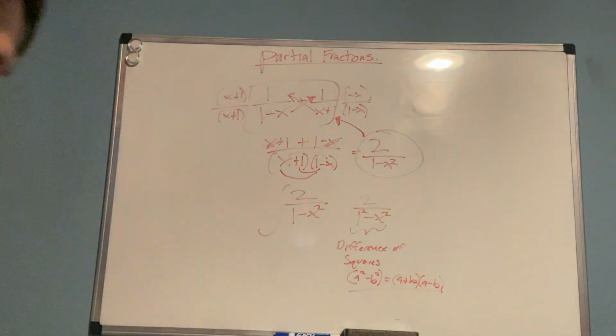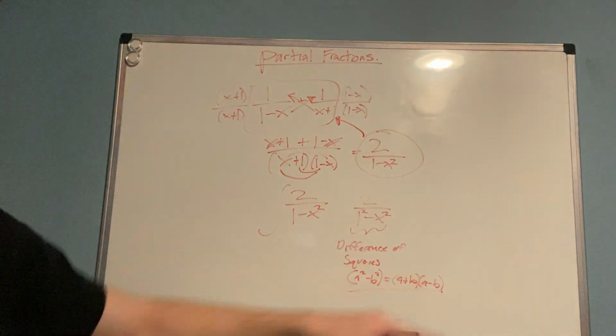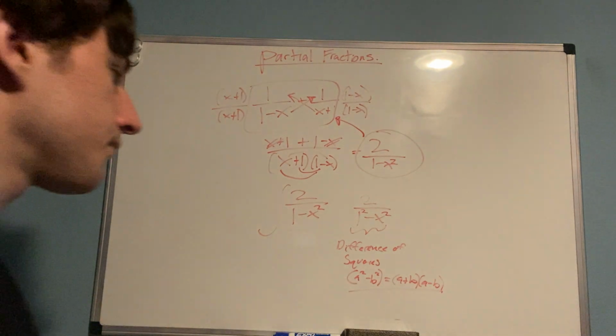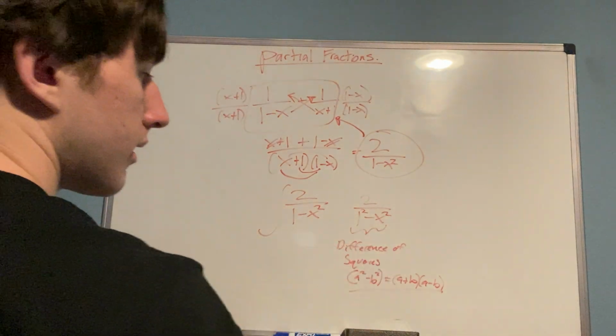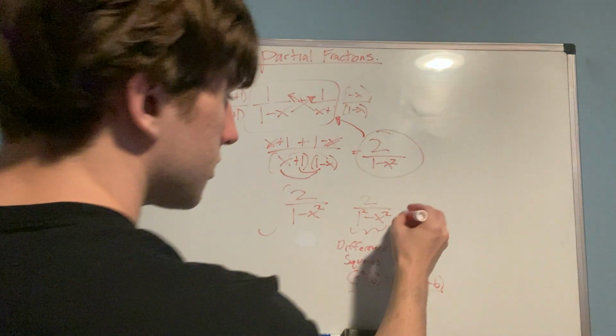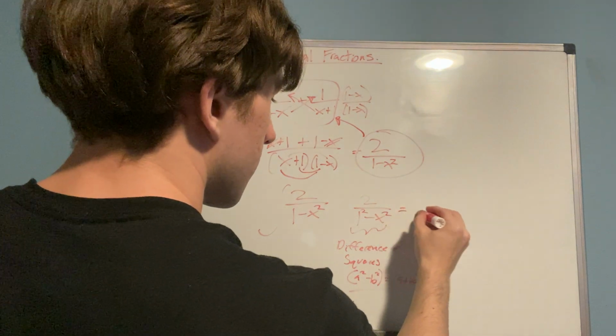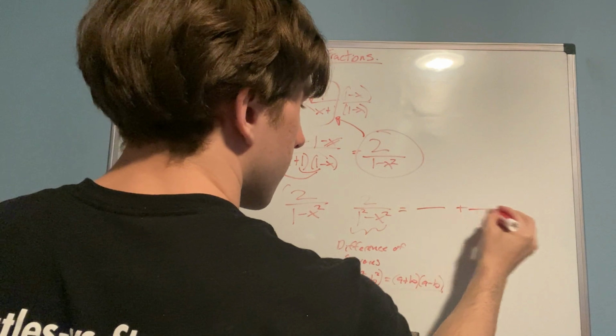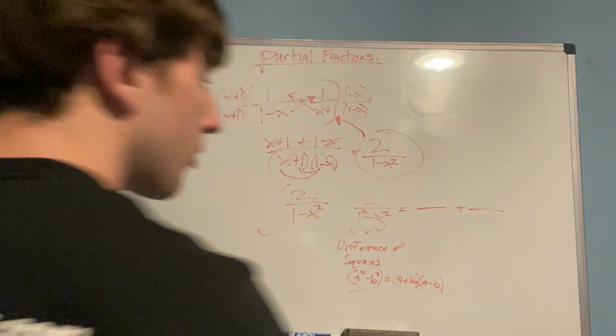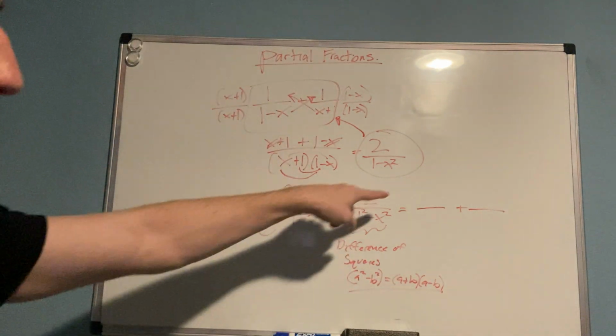That is the idea of difference of squares right there. So we're going to use this difference of squares so we can factor that out into two fractions. We're going to have one fraction here and then another fraction here.